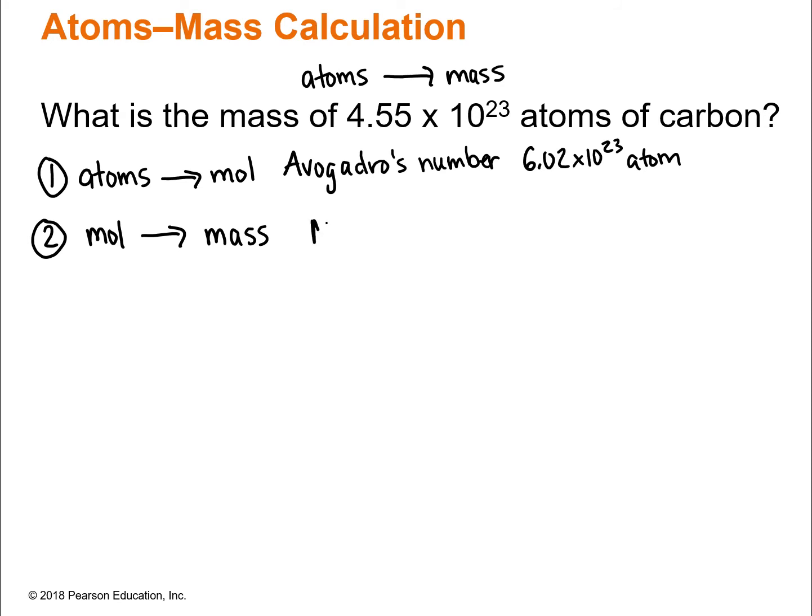Molar mass, which I abbreviate MM. So the molar mass of carbon, you just look at the periodic table. That's 12.01 grams per mole. Now we've got all the information we need to set up the problem.